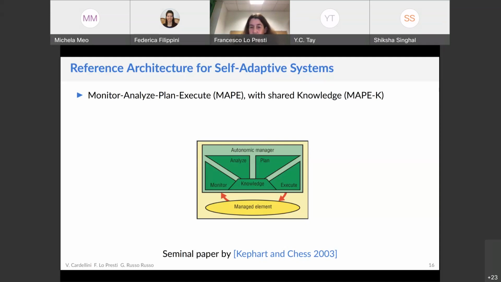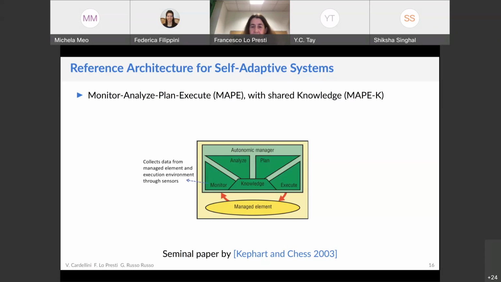I think you have already heard about this reference architecture, which is called MAPE. That means monitor, analyze, plan, and execute. Sometimes this reference architecture is also referred to as MAPE-K because we include in the acronym also the shared knowledge that can be used.